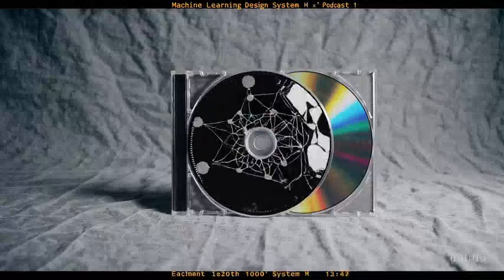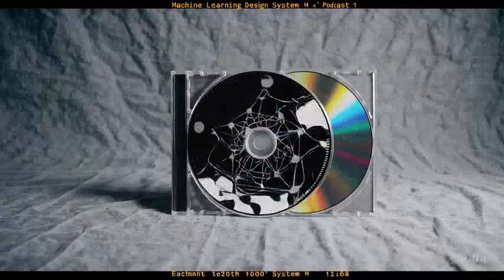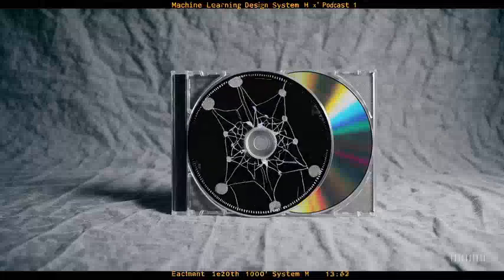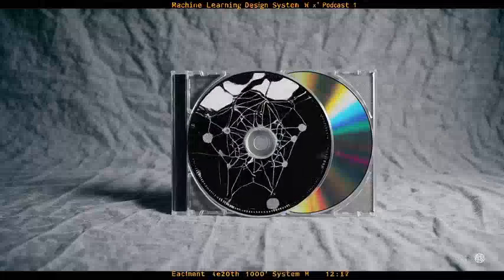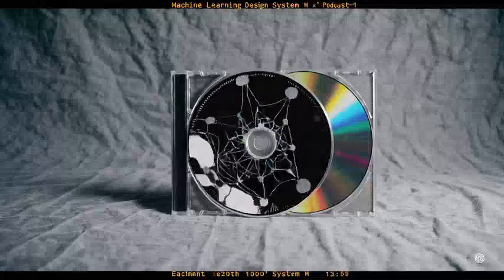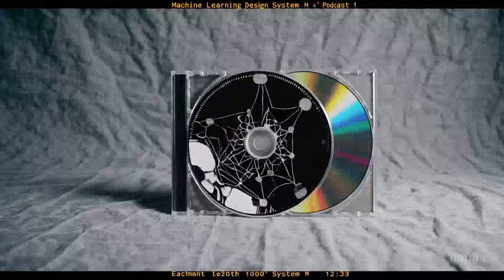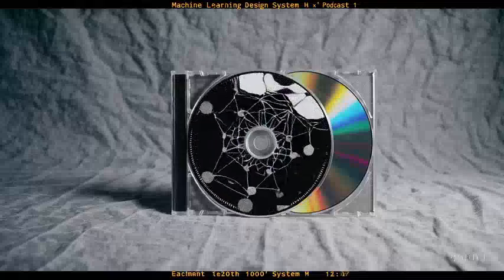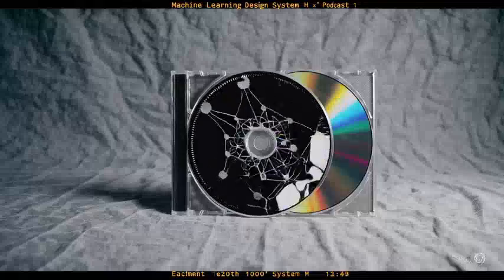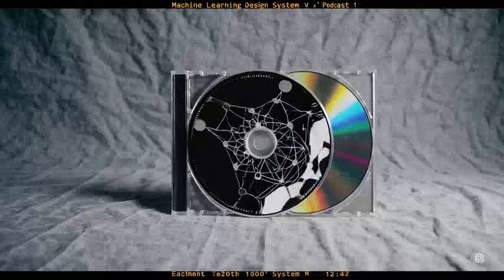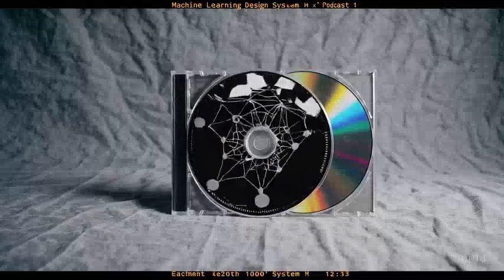Like, your model gets less accurate because the real world shifted. Oh, right. Makes sense. So these patterns help with that? Yeah, they offer solutions. And they categorize them by the stage of the ML lifecycle. Lifecycle?